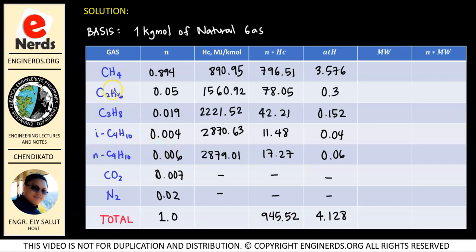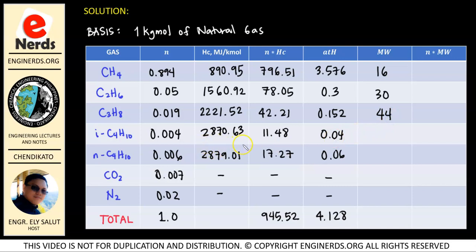So ano yung molecular weight ng ating methane, CH4, so 12 plus 4, this is 16. Ating ethane, C2H6, this is equal to 30, 24 plus 6, this is 30. For our C3H8, this is equal to 44.